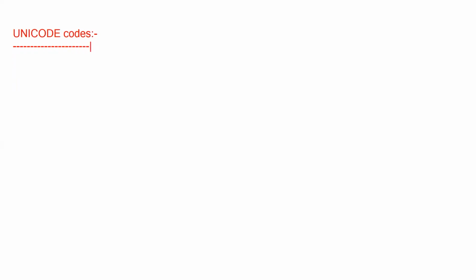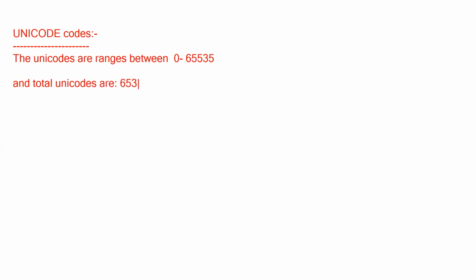So the Unicodes range between 0 to 65,535, and total Unicodes are 65,536. And the ASCII coding system will provide 256, ranging between 0 to 255.